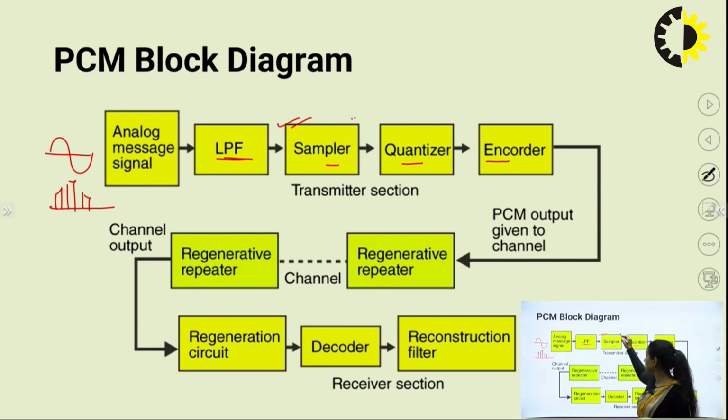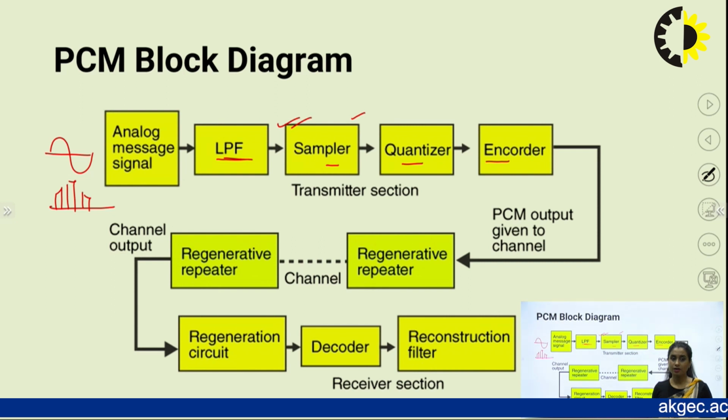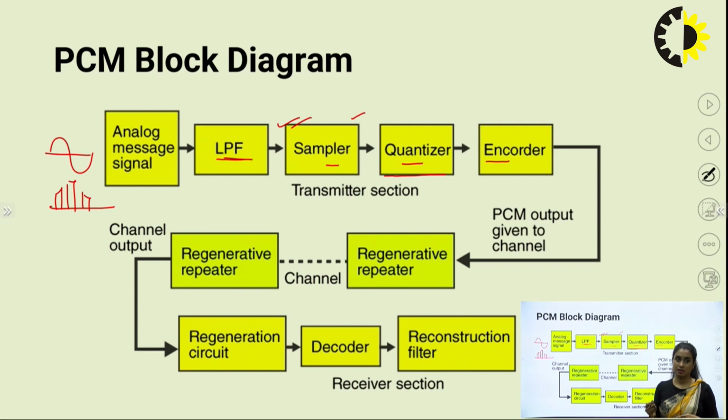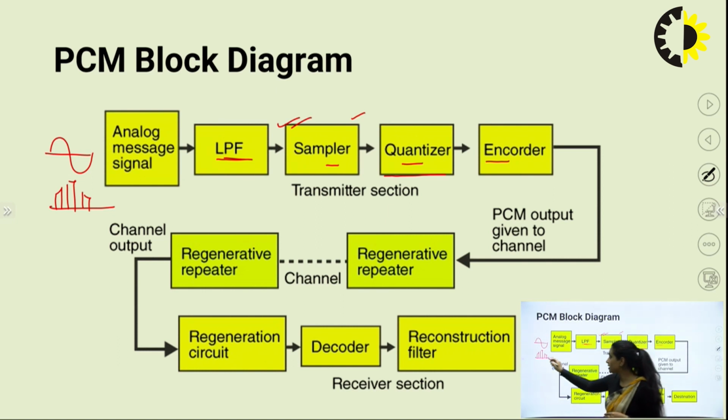After sampling, I know that my signal is now discrete in time, but the amplitude part is still continuous. So my quantizer will do that job. It will discretize the amplitude domain as well. That means it will assign a particular level to a sample.